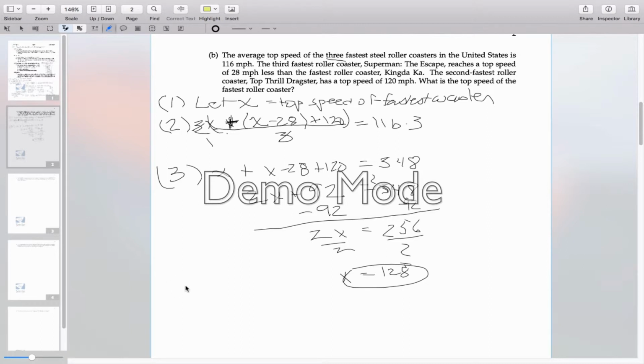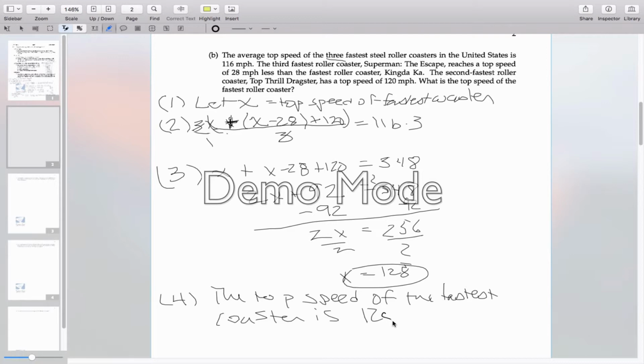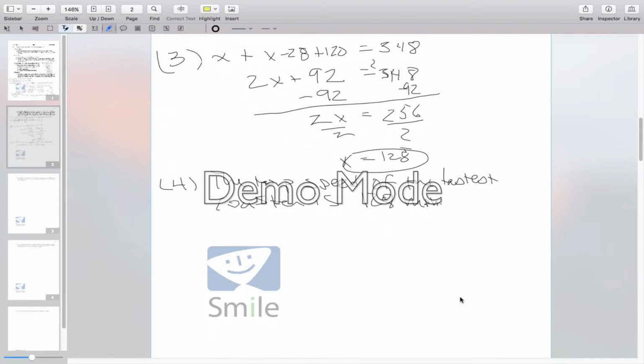I need to answer the question that was asked with a sentence. The top speed of the fastest coaster is 128 miles per hour. Let's look at the next problem.